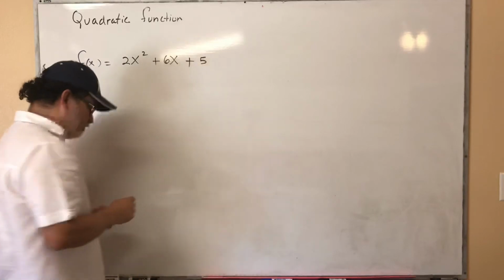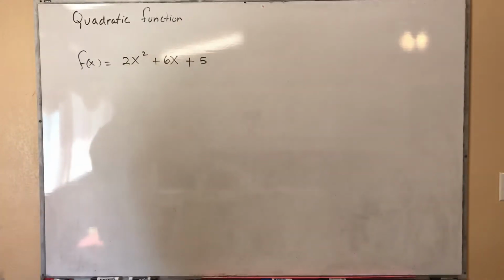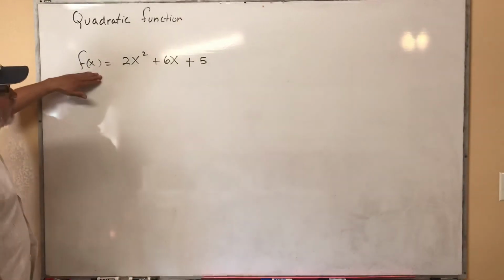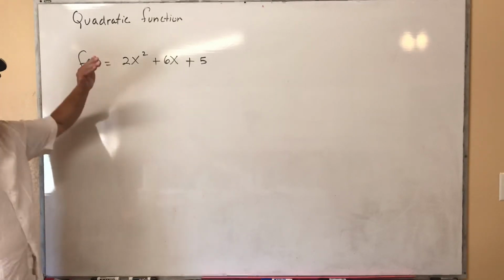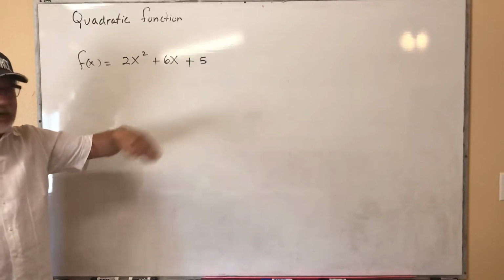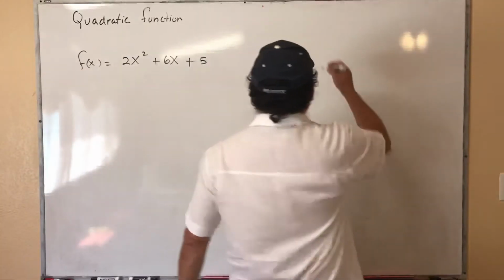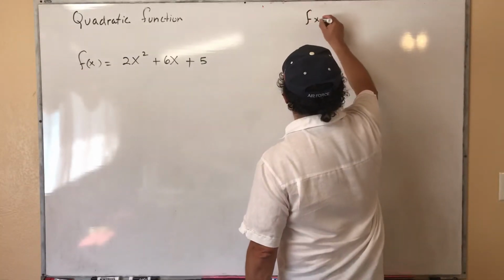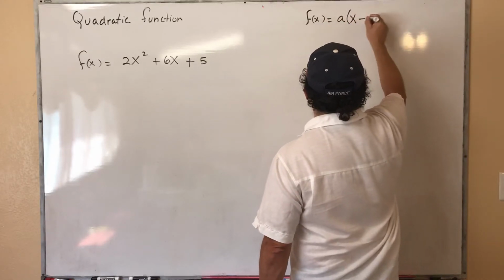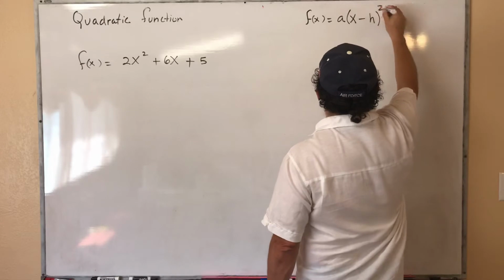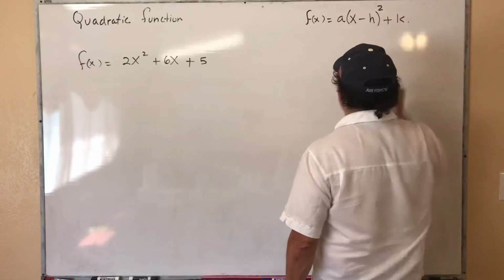There you go. All right, suppose you want to write this one, which is in polynomial form, in vertex form. You want to write f of x equals a times x minus h quantity squared plus k.